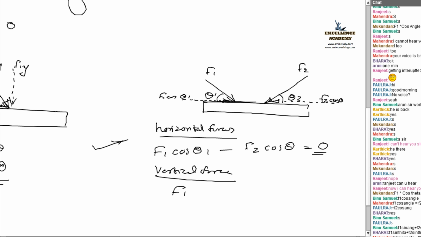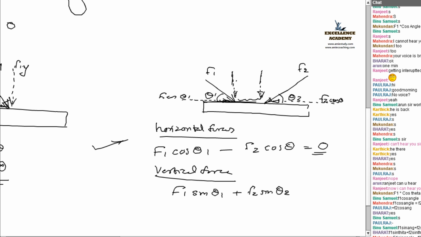Let us discuss. Say F1 is acting in the downward direction. Then what about F2? That is also in the downward direction. Both are acting downwards, am I right? That means F1 sine theta 1 plus F2 sine theta 2, since both forces are acting downwards, the summation is taking place.